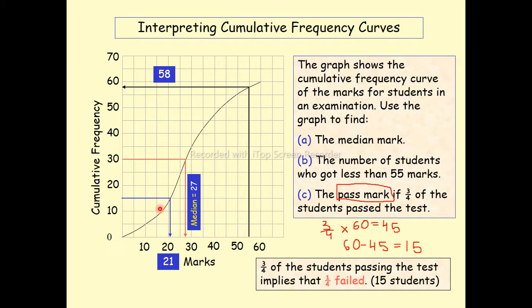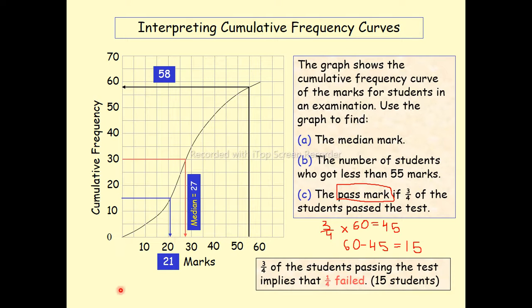That means the passing score had to be 21%, because if the passing score was, say, 15%, then some of these persons would have passed. If the passing score was 10%, some of these persons would have passed. You see what I'm saying? But the passing score is 21% because exactly 1/4 of these students got less than 21%. All right.